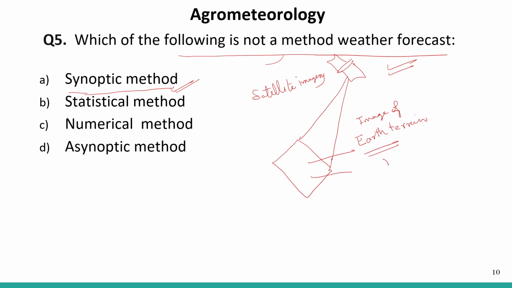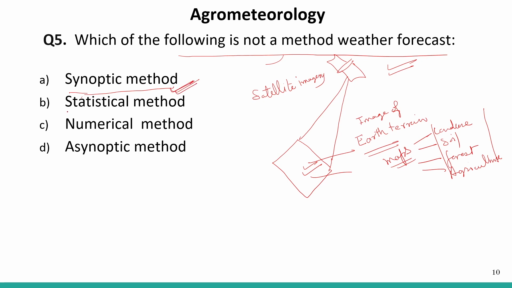These images are used for making different types of maps: maps for land use, soil, forest, and agriculture. So different types of maps are based on satellite imagery, and that comes from the synoptic method.